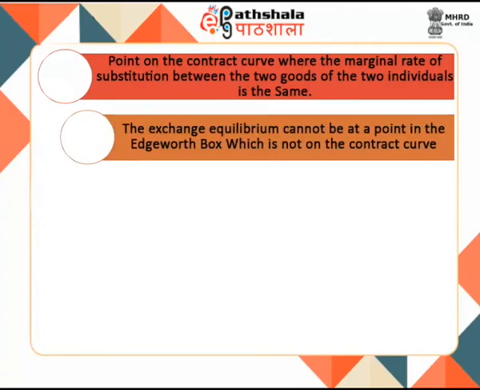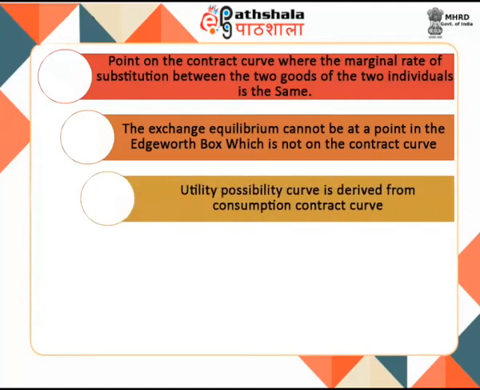The exchange equilibrium cannot be at a point in the Edgeworth box which is not on the contract curve. This is because at a point which is not on the contract curve, indifference curves of two individuals intersect each other and therefore the marginal rates of substitution are not equal to each other.